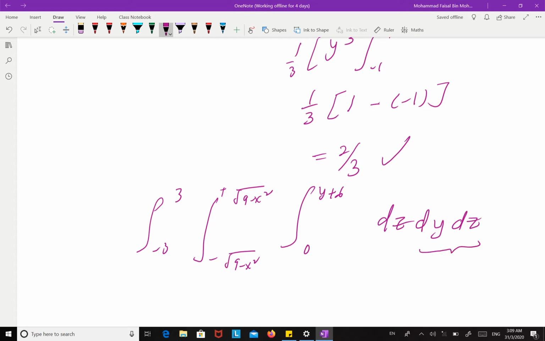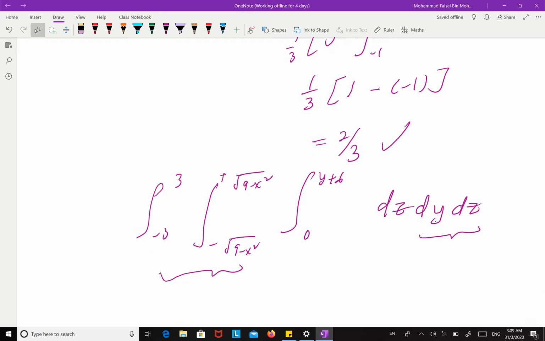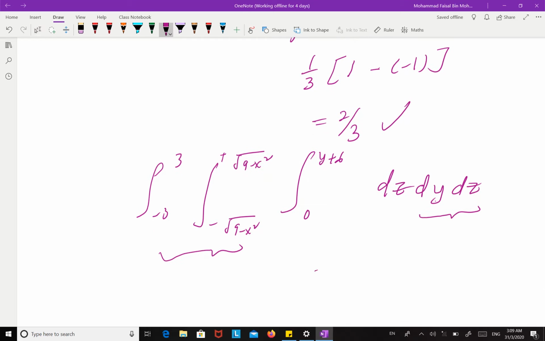So this is the bottom part. Y represent this, which means you can draw your x, sorry, the question given is dy dx, sorry.